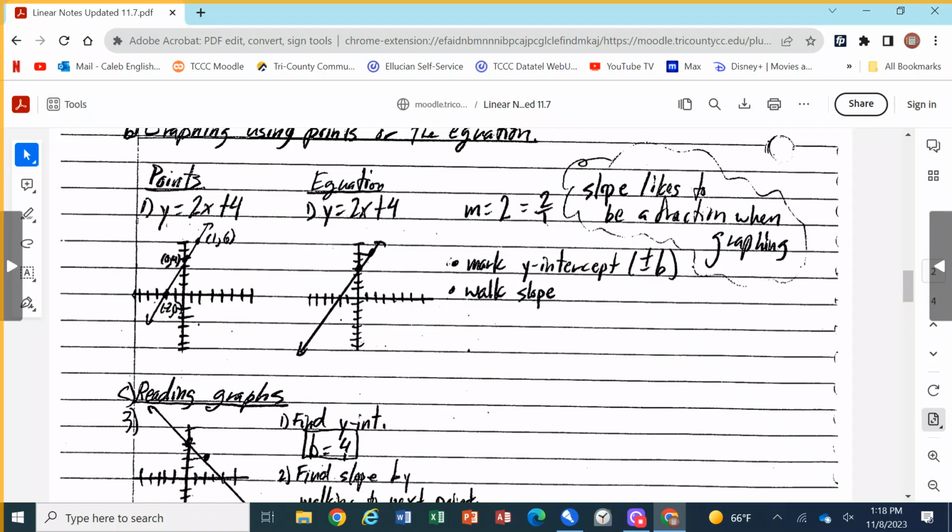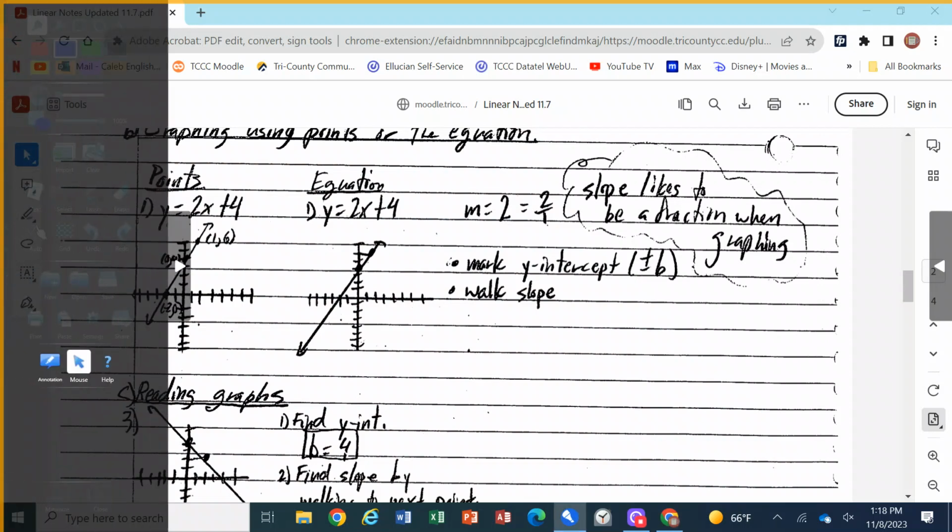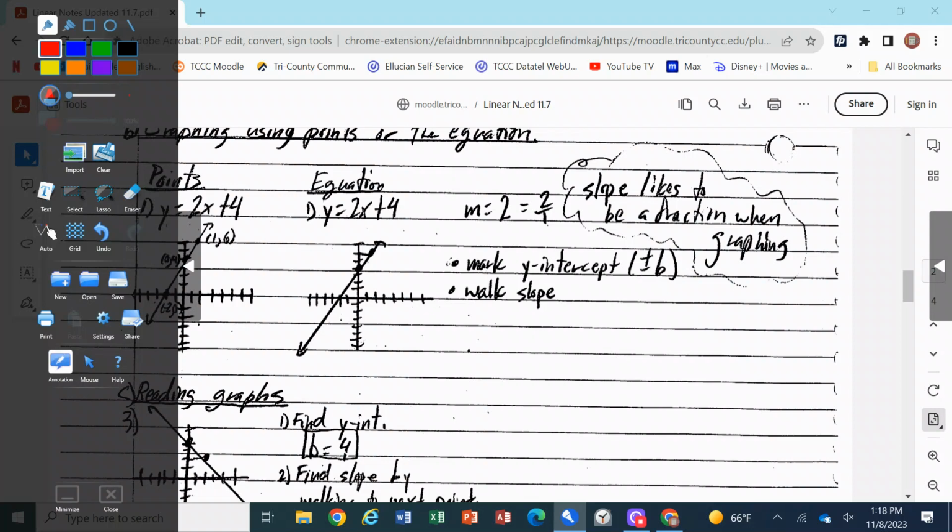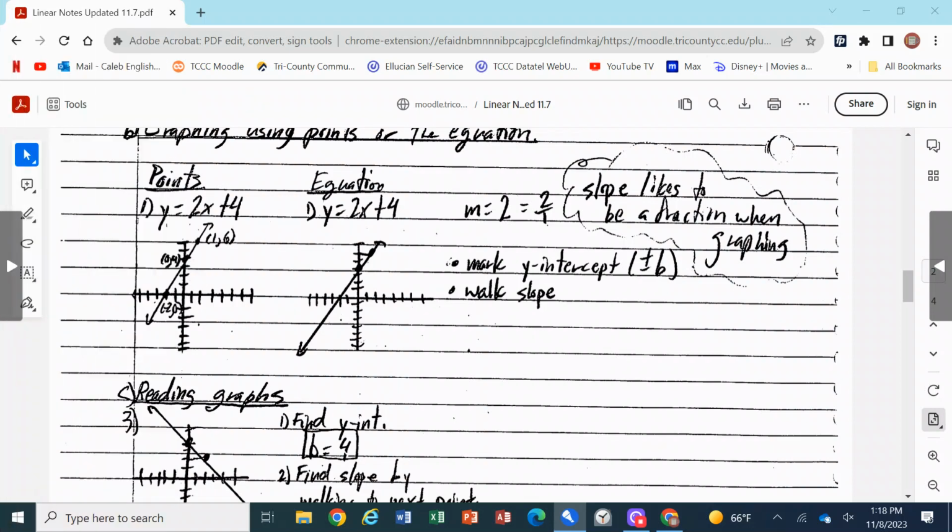Now, I told you all that to tell you this. If you know what the linear equation is, you don't need the points. You can look at the equation and just graph it the way it is. The first thing that you always put on a graph is the y-intercept.